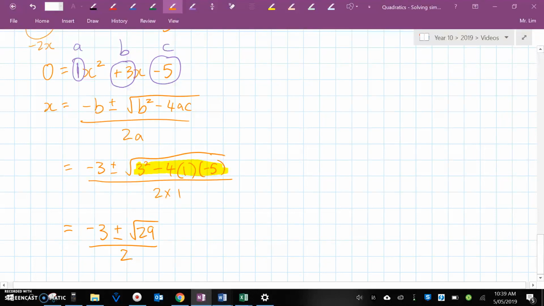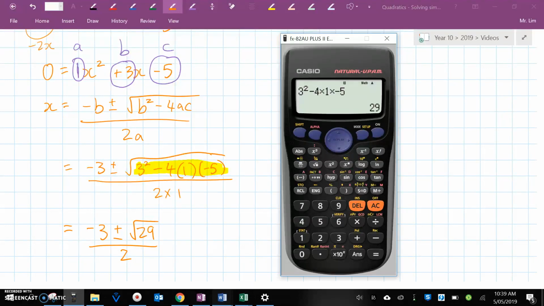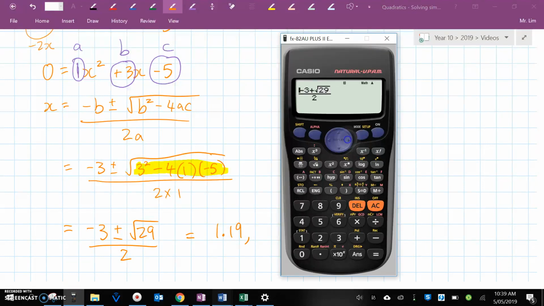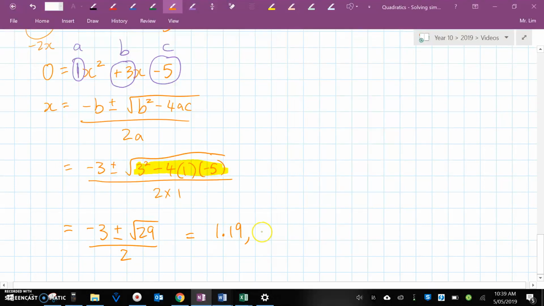So, let's see what that equals to 2 decimal places. We have minus 3 plus the square root of 29 over 2 is 1.19. And minus 3 minus the square root of 29 over 2 is minus 4.19.